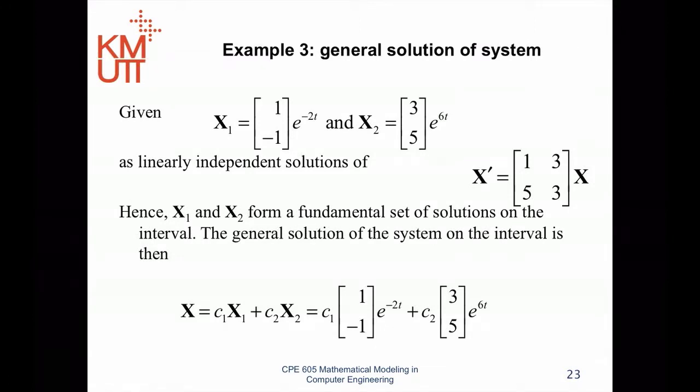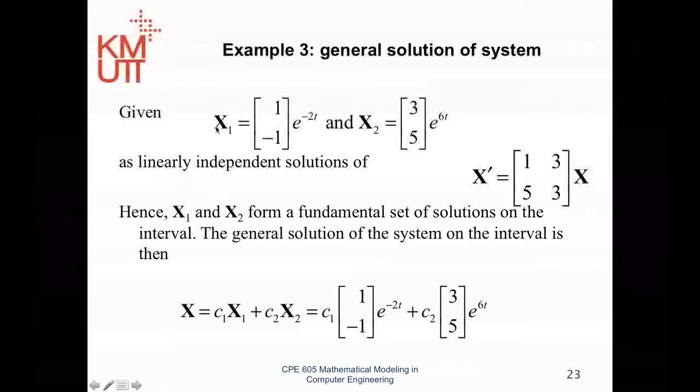For example, given that x1 and x2, which were tested earlier in the previous example, are linearly independent solutions of this system. This system describes the change of two populations. That means we would have two solution vectors associated with the order of the system.